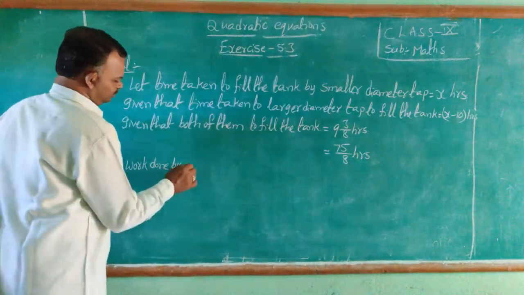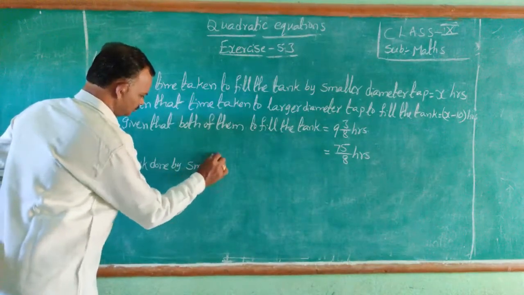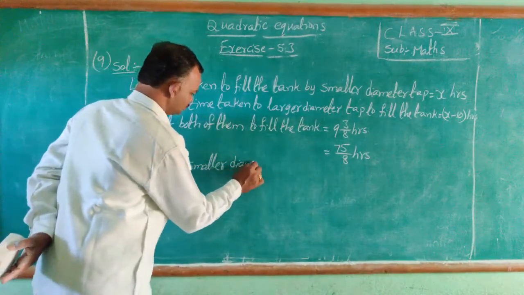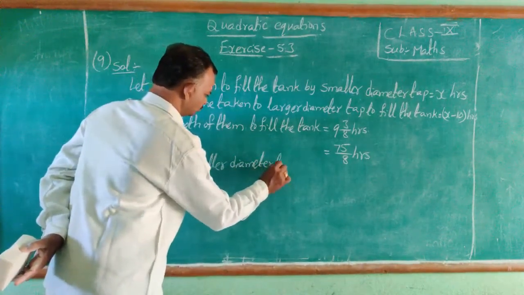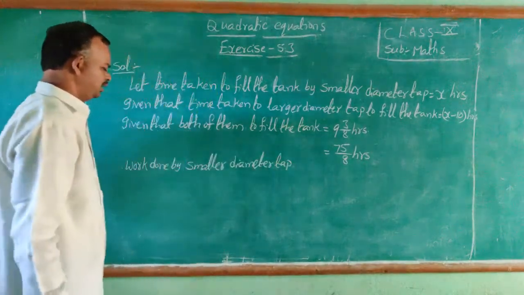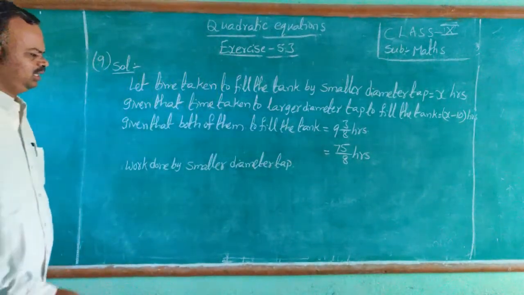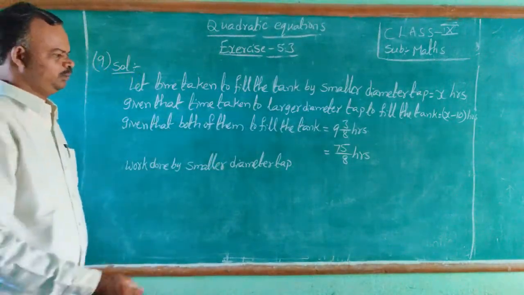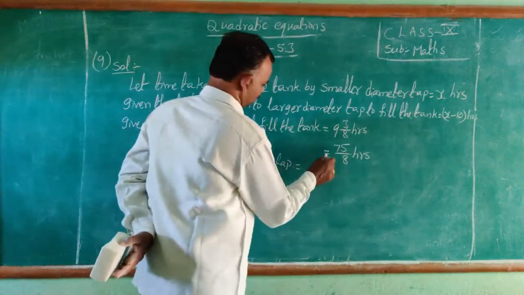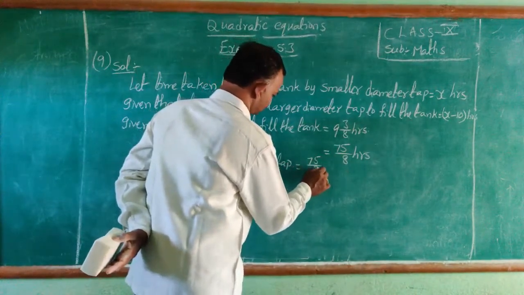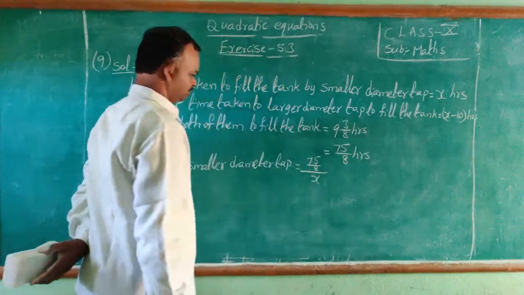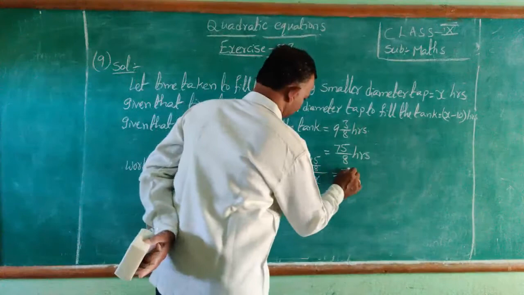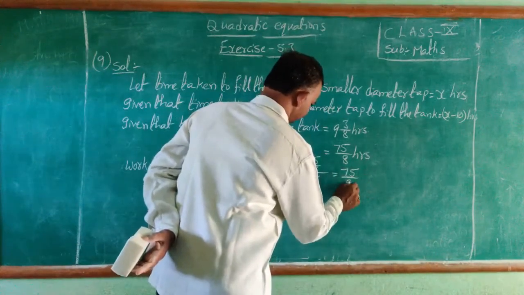Next, work done by the smaller diameter tap alone is equal to 75 by 8 by x, that is 75 by 8x.